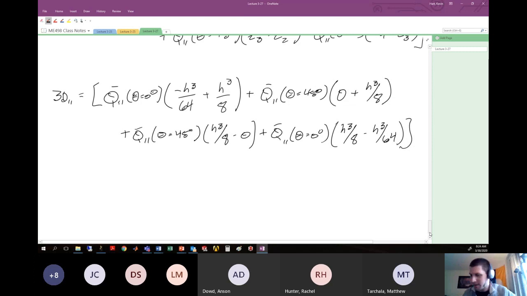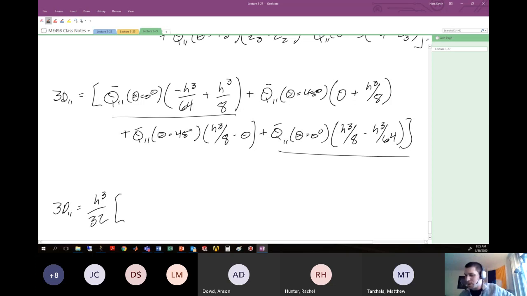So I'll keep the 3 over here. This will be H cubed on 32. And here we will end up with some contributions from this guy. So the Q bar 11 coefficient is going to be some number, and the Q bar 11 at 45 coefficient is going to be some number. Okay, so here and here.